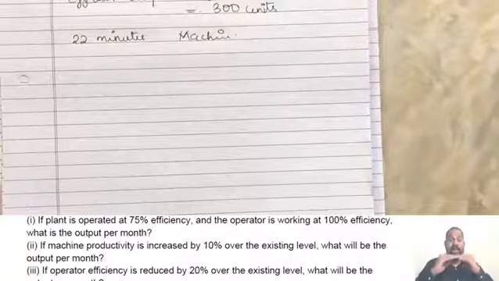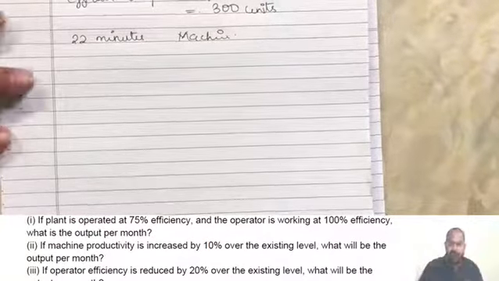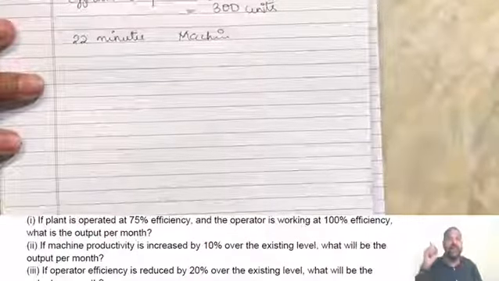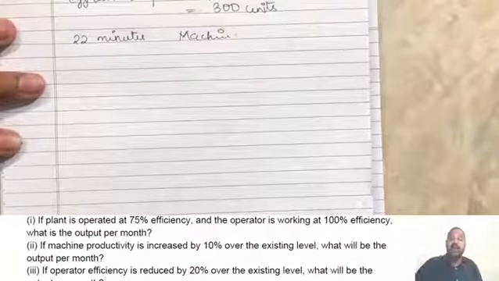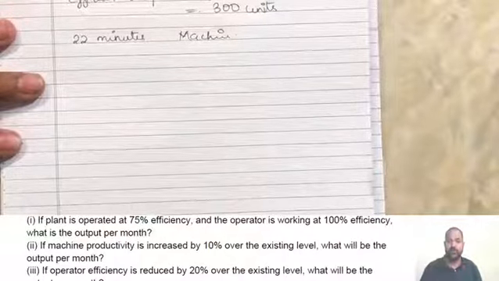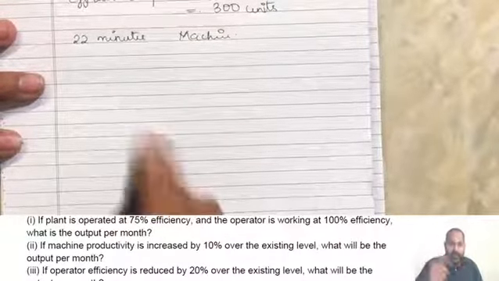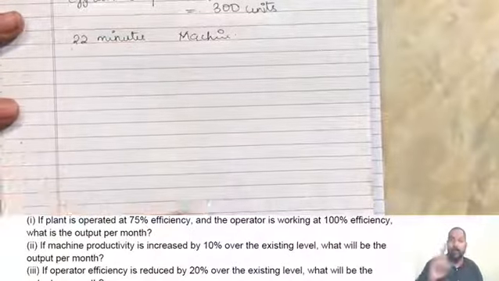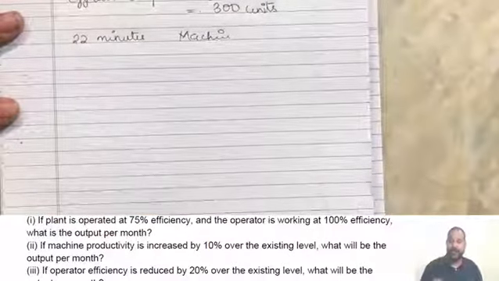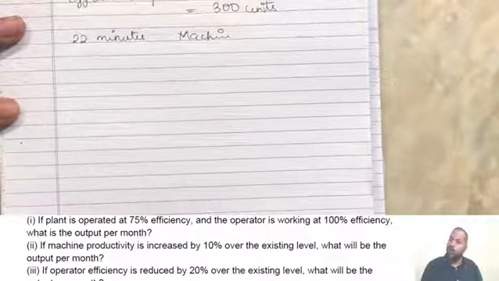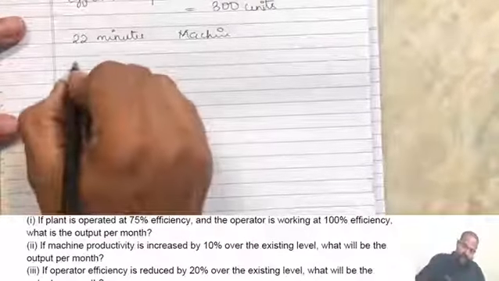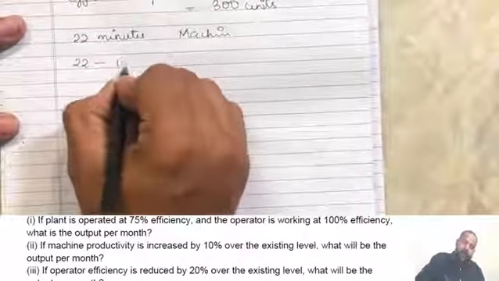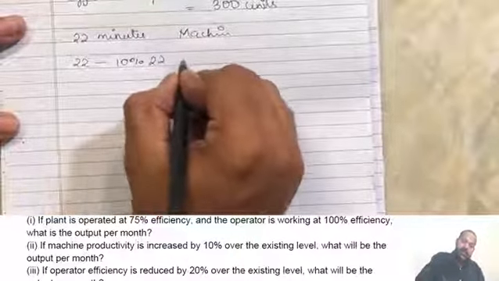So if you have increased the efficiency, the machine should take less than 22 minutes to function, which means I need to reduce the time by 10%. Now everybody would say, then sir, simple, do 22 minus 10% of 22.